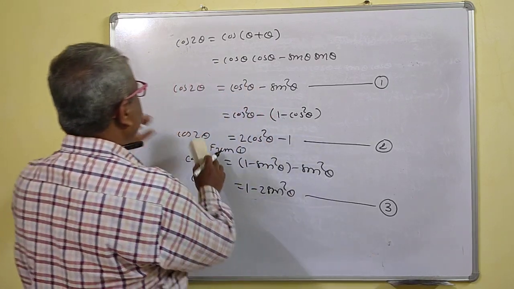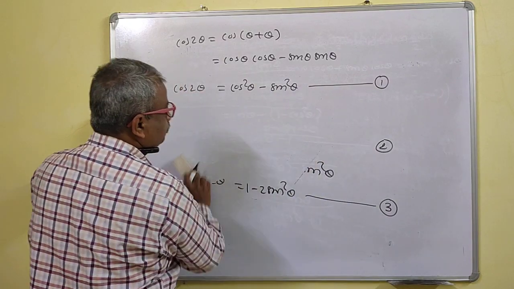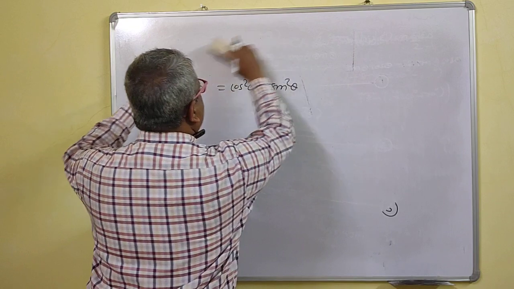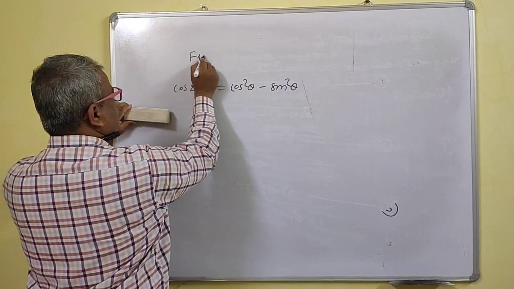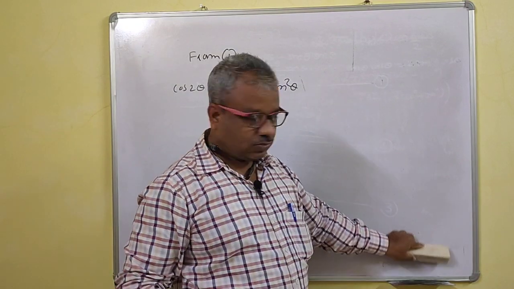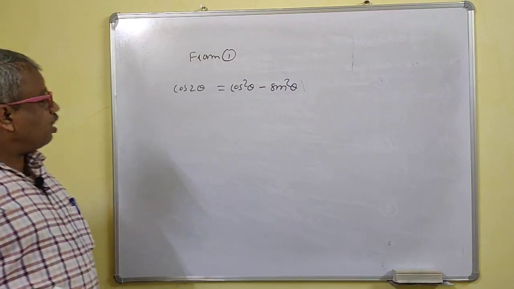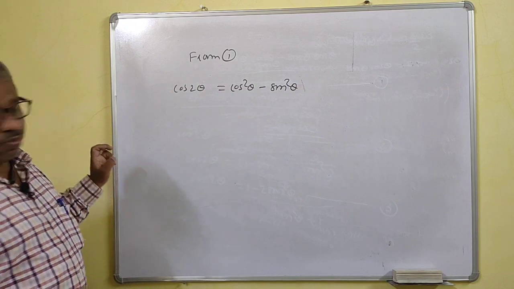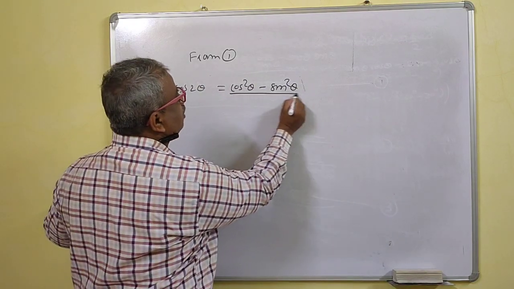Again from formula 1, what do we do? Again we go from 1. We will write the 1 in the denominator, everywhere the denominator is 1.